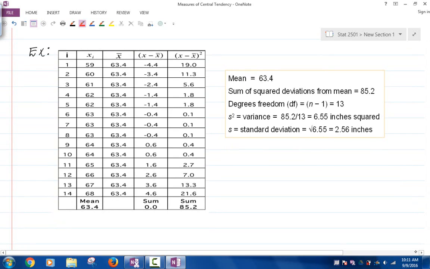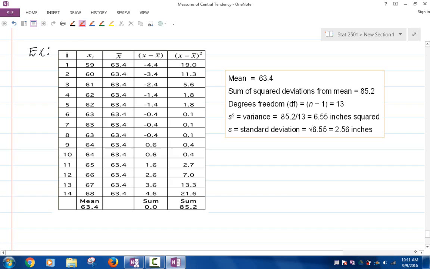The first column is basically telling me how many values I have, and the actual observations are in the second column. So it's 59, 60, 61, 62, 62, 63, 63, 63, 64, 64, 65, 66, 67, 68, right?